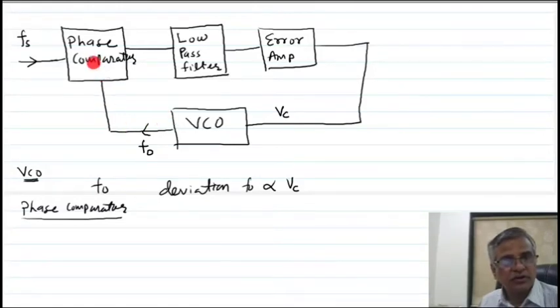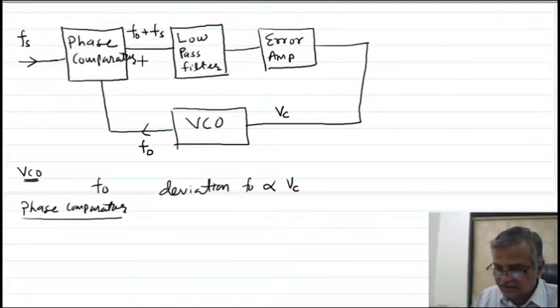Here the output produced is the sum and difference of Fs and FO. Means the output is FO plus Fs and FO minus Fs.